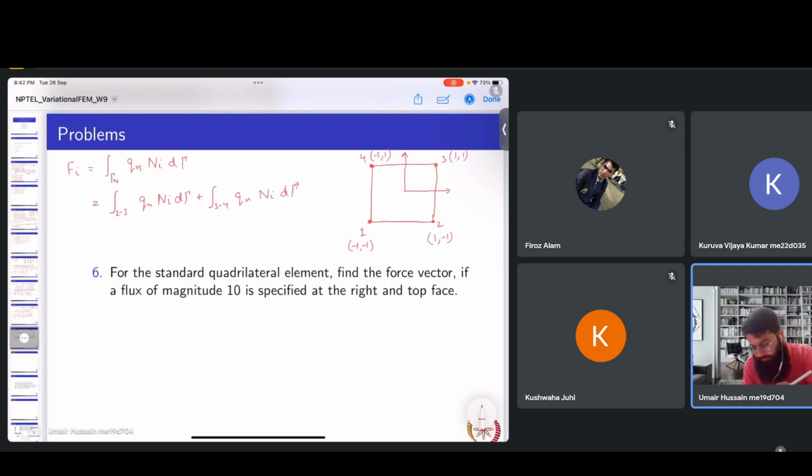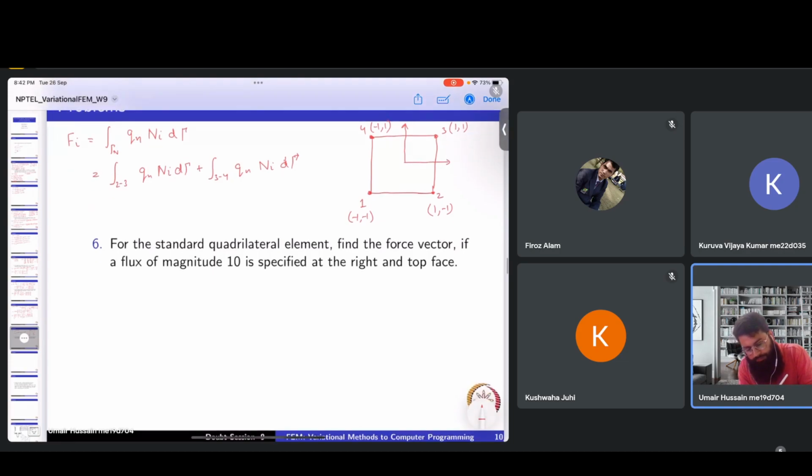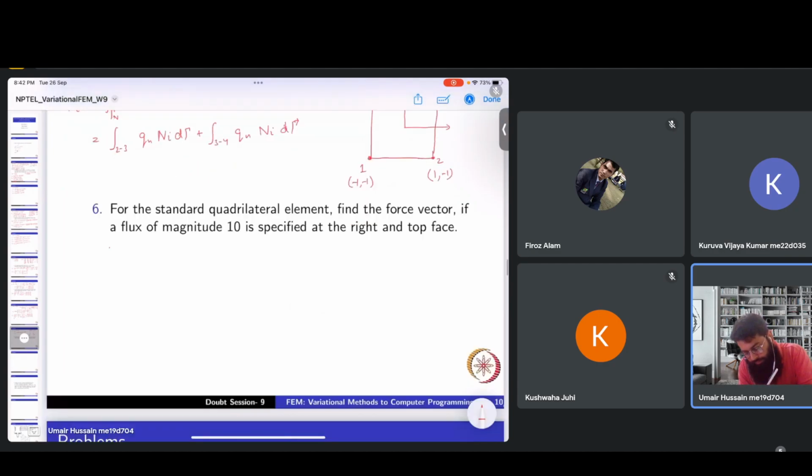Okay, so we first evaluate on the right face. For that we have this element 2-3 with nodes (1, -1) and (1, 1). So we map it to a 1D element from -1 to 1.